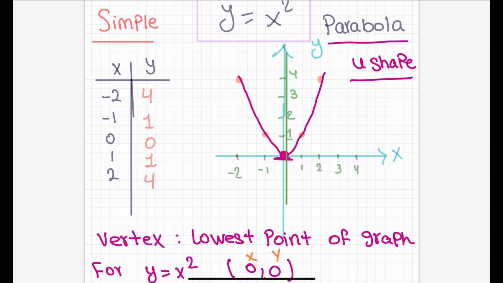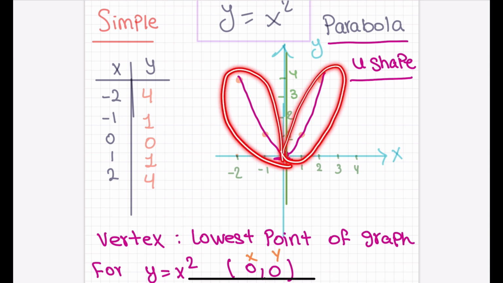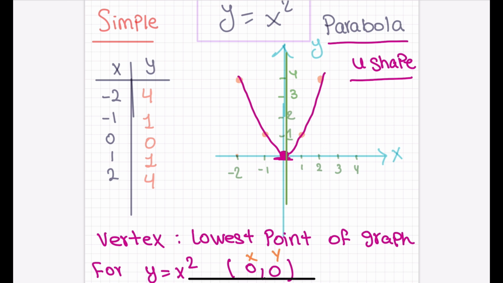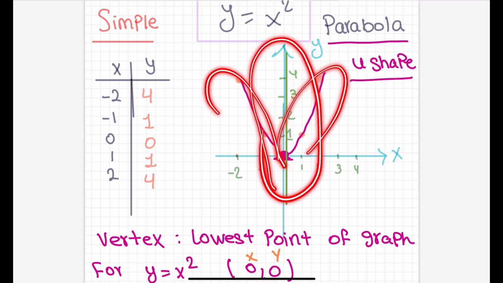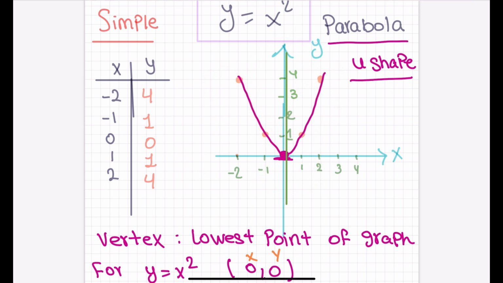You see? These two parts, imagine if you draw this on a paper and then this is the axis of symmetry. You cut the paper in half, and when you pull them together, you can see they match each other.